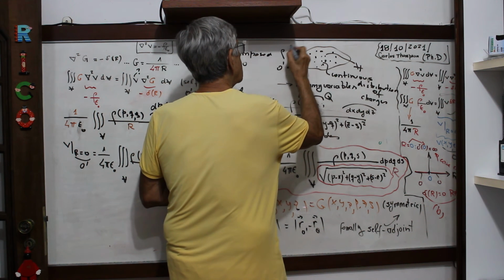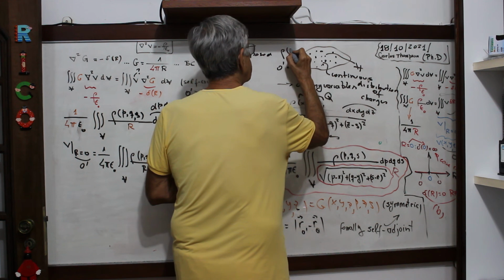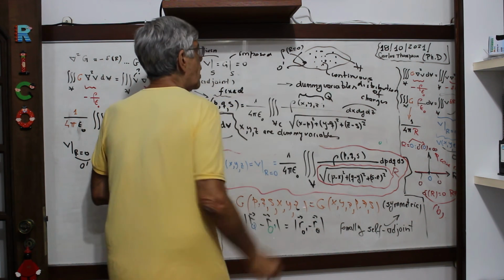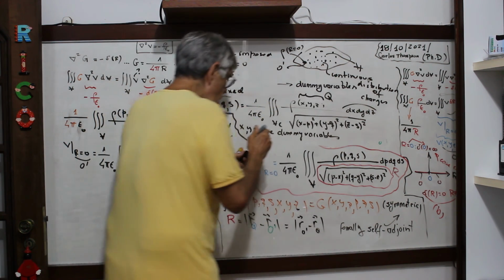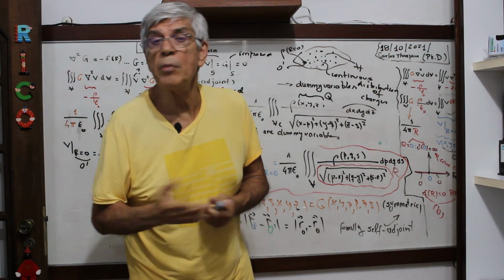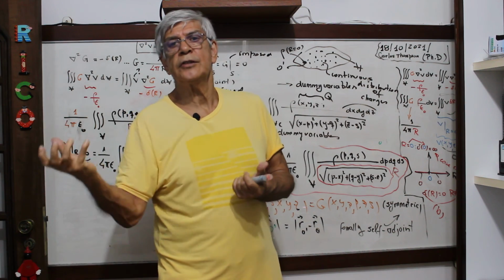That's what I call rho at this point here. This point is equal to 0. That's point O prime. You see, this is a continuous distribution. In general, in electromagnetic problems, for instance, you have discrete charges.